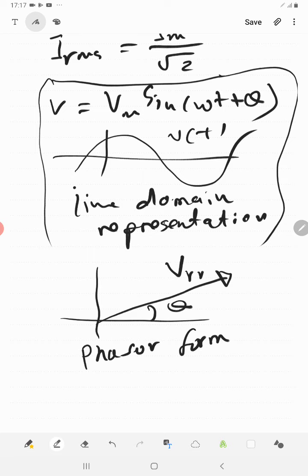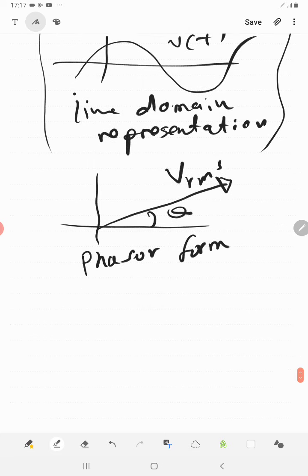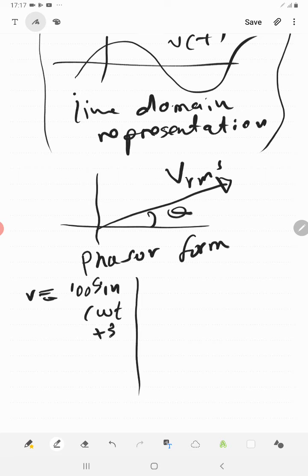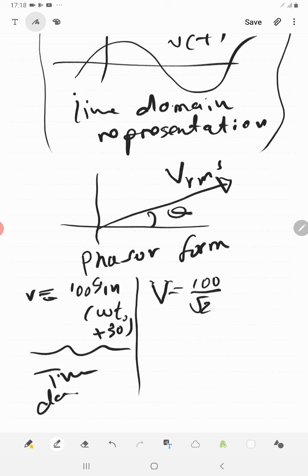And V RMS. For example, if V is equal to 100 sine omega t plus 30 degrees, this is the time domain. In phasor form, we say capital V is equal to 100 over root 2, with an angle theta.